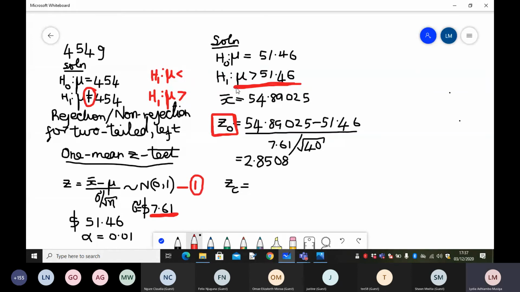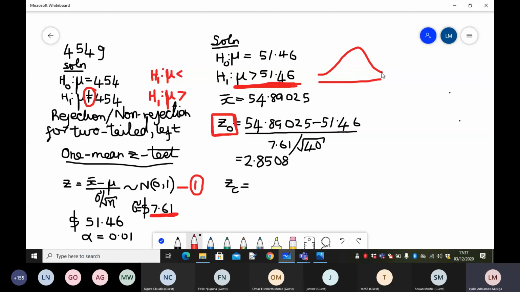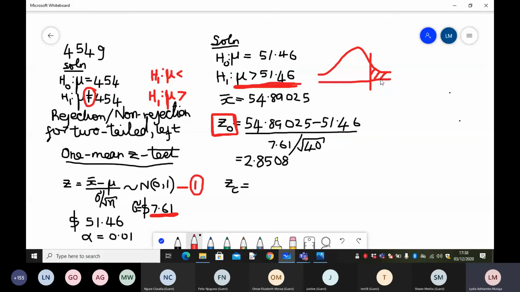This is a right-tailed test because mu is greater than 51.46. We have our bell-shaped curve as usual, and the shaded area to the right is now our rejection region.